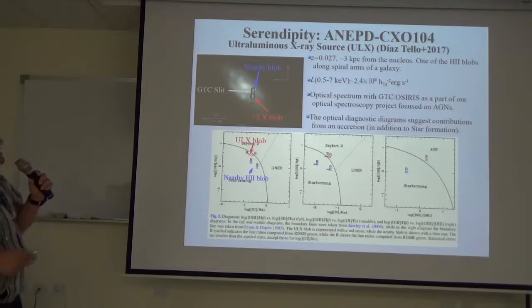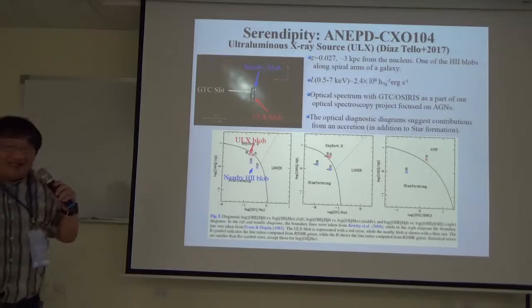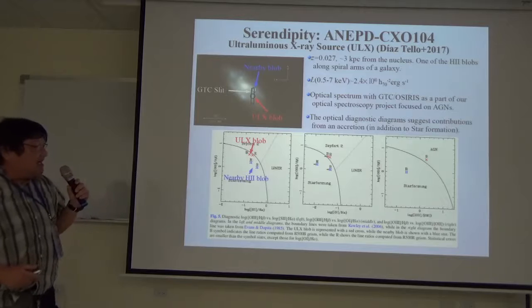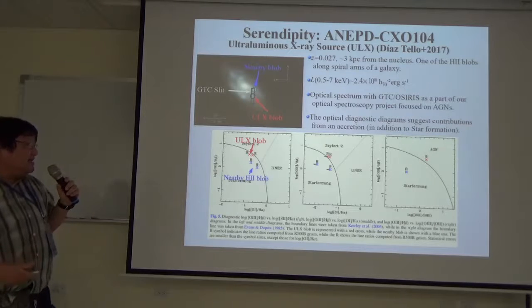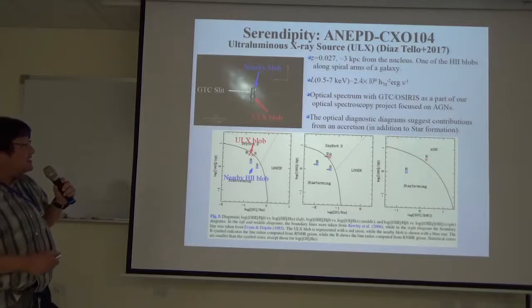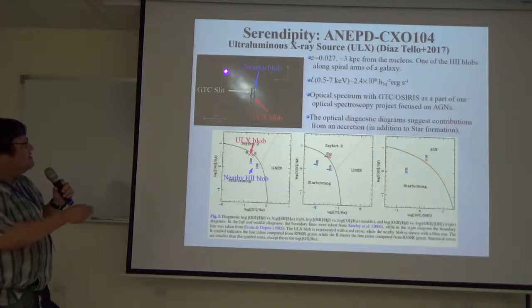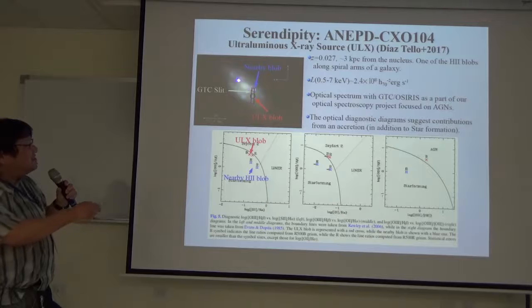I'll just explain. This is the object that we found in our X-ray observation, spectroscopy of an X-ray source. This is a spiral galaxy, and there are lots of HII knots here. This is the position of the X-ray source.